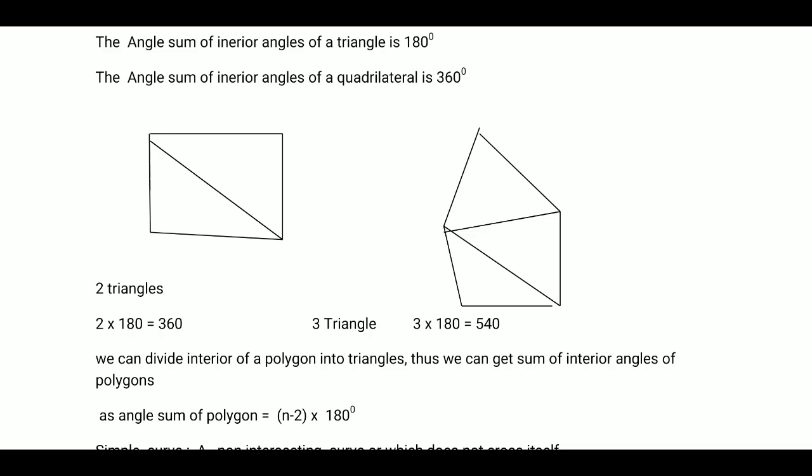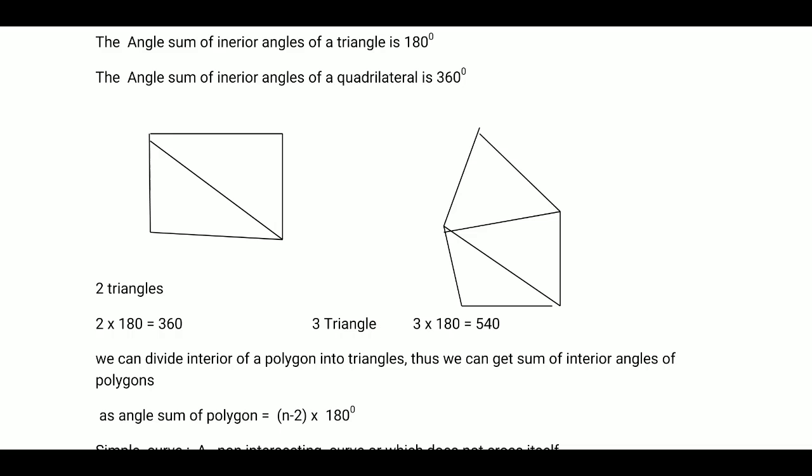Similar is the case for a pentagon. We connect diagonals and get three triangles within it, and each triangle has interior angle sum 180 degrees. Then three triangles will have interior angle sum 3 into 180 degrees, that is 540 degrees. So the angle sum of a pentagon is 540 degrees.